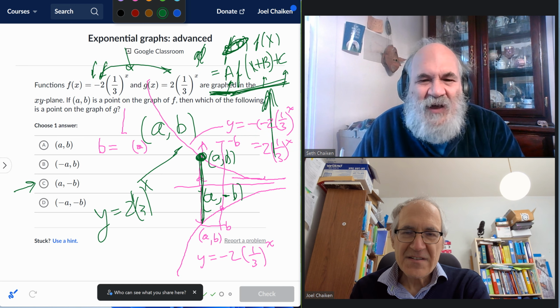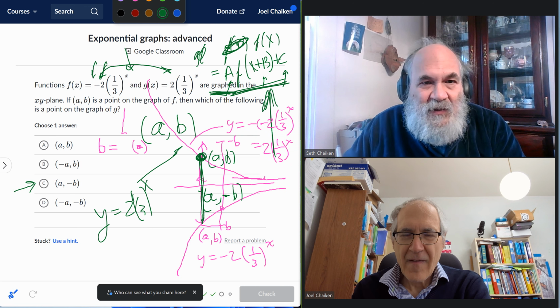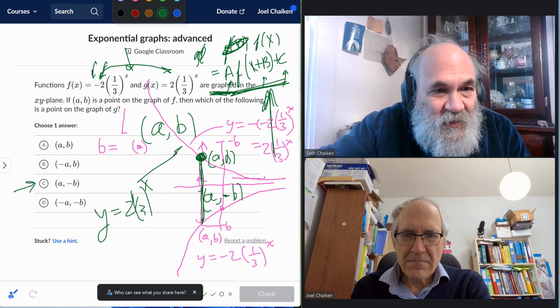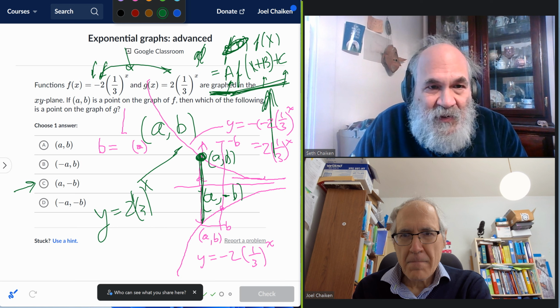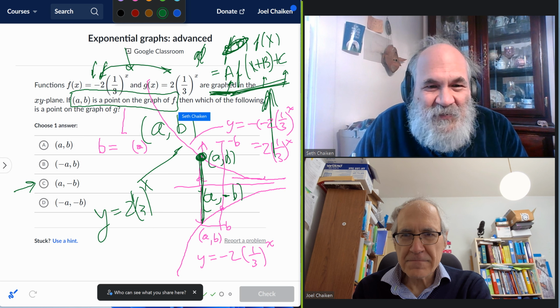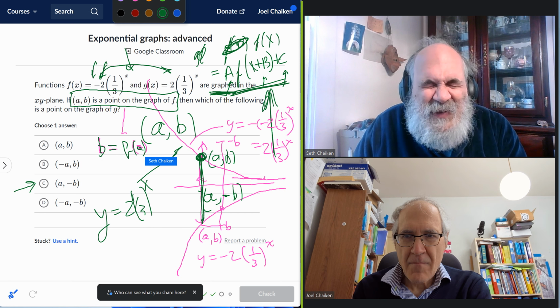So this green thing is this property, equivalent to B equals f of A. And so flipping it over.